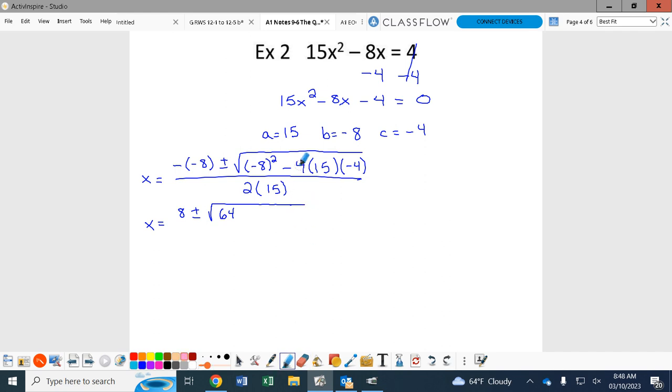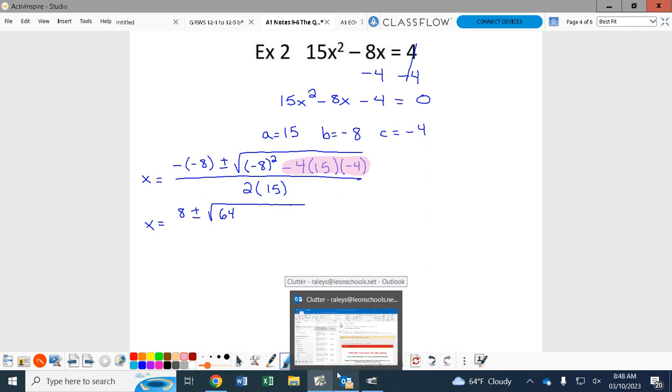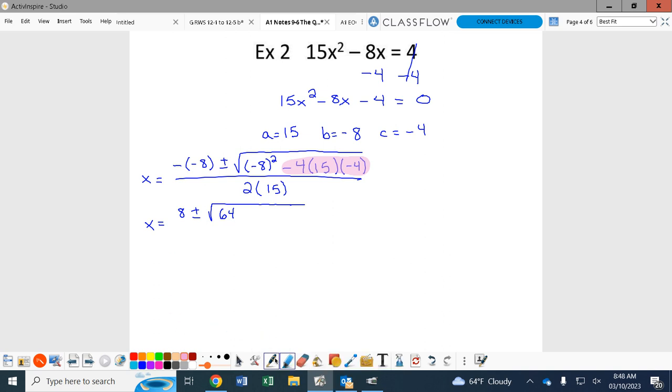You're going to be multiplying all these things together. So grab your calculators, multiply. Negative 4 times 15 times negative 4. What was it? 240. I was not hearing that. 240. Sorry, it was coming from different ways and I couldn't tell.